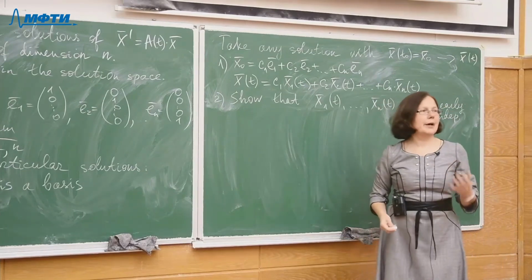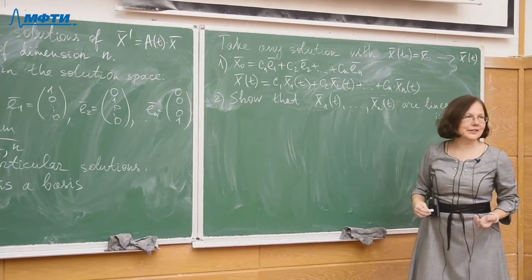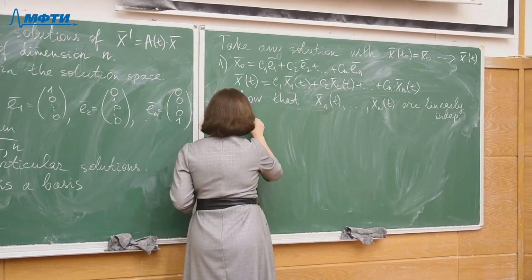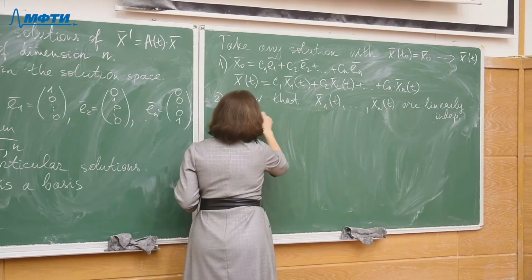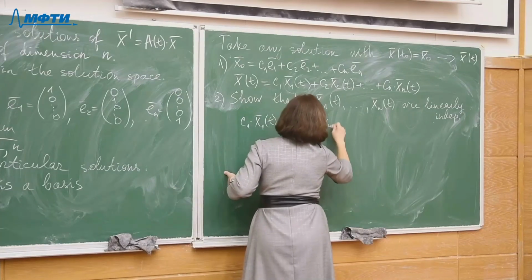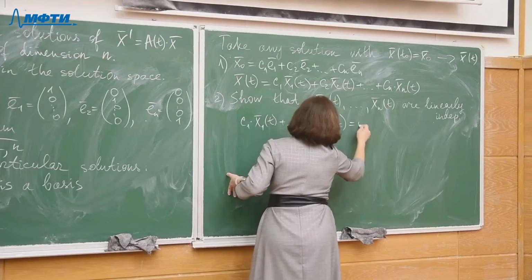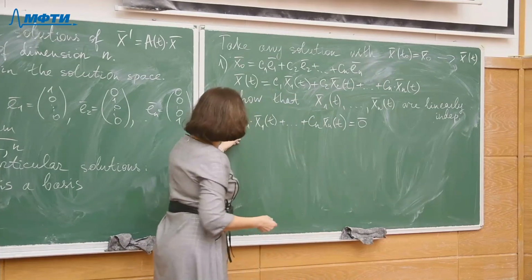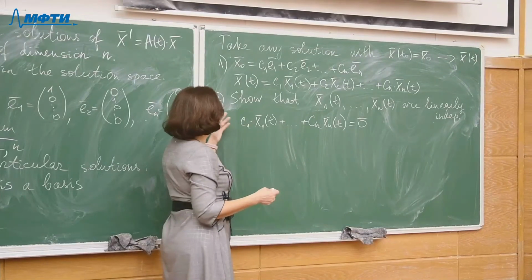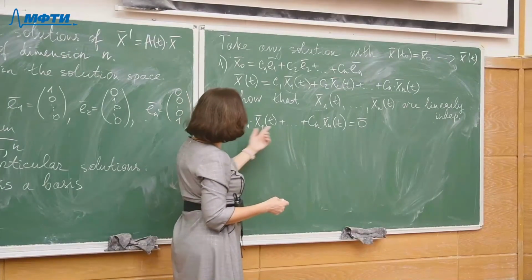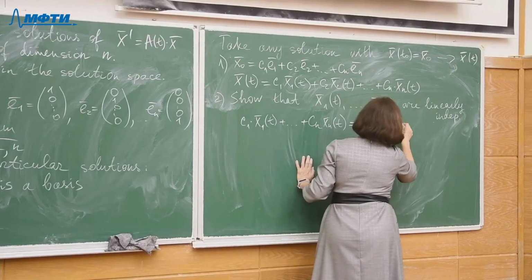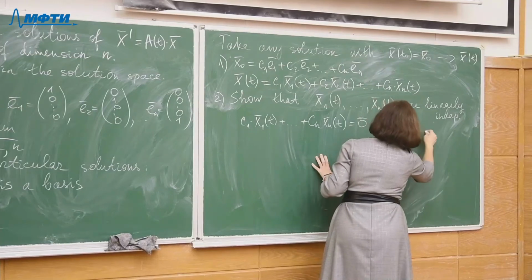So these are linearly independent vectors, but they depend on t. I'd like to recall that this means that the equation C1 times x1 of t plus dot dot dot plus Cn xn of t equals 0, which must be satisfied for any t, is satisfied if and only if all the constants are identically 0.